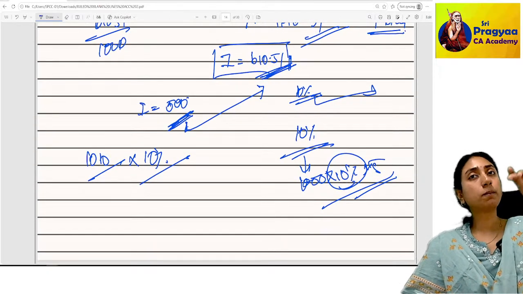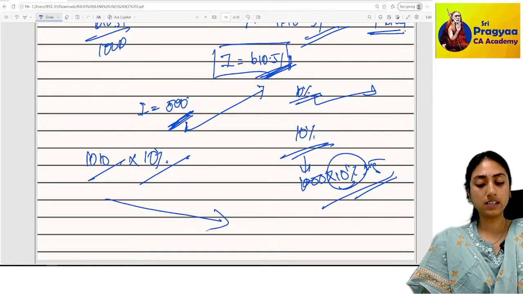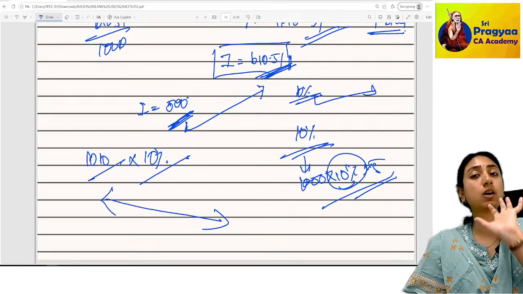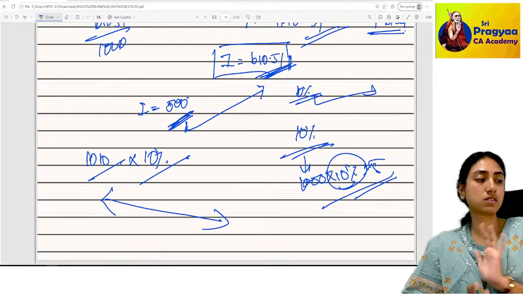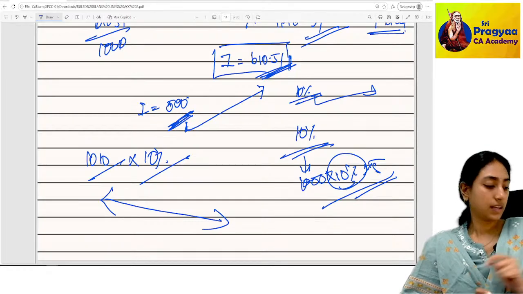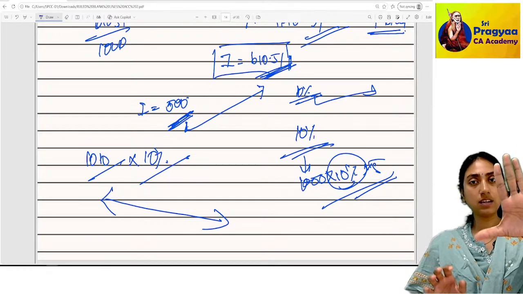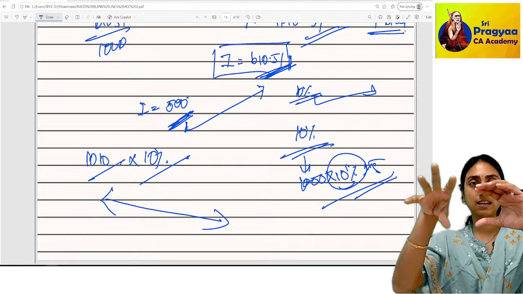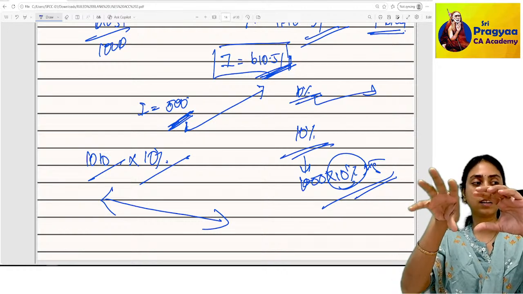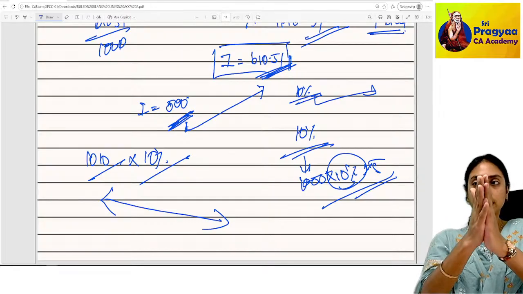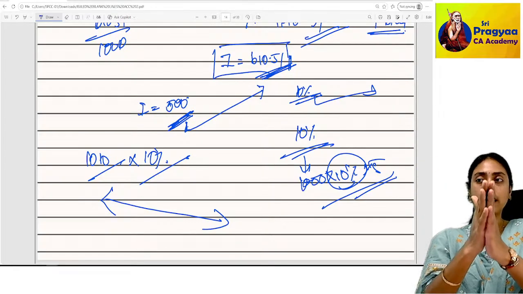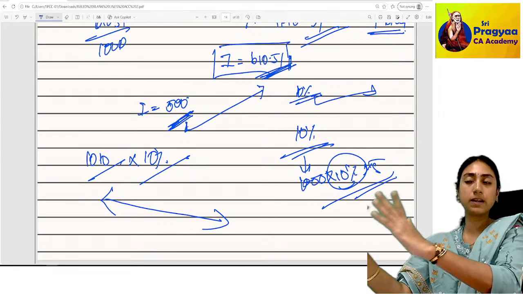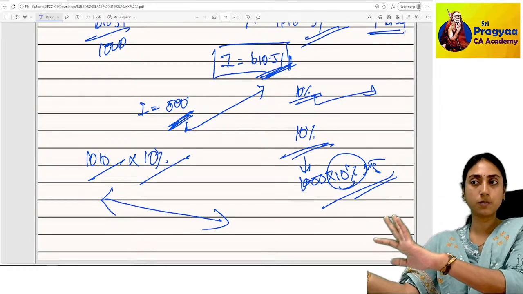Even after 5 years, the amount that went out of your pocket is 1000. Correct? Out of your pocket is 1000. On the 1000, there is 10 earned income. The accumulated, calculated interest becomes the closing principal at the end of year 1.